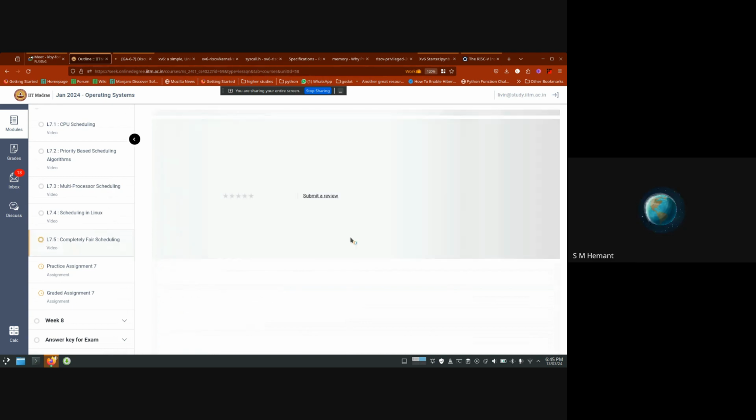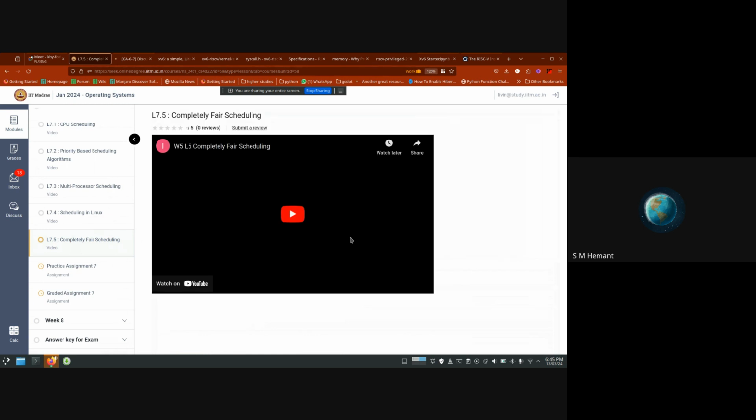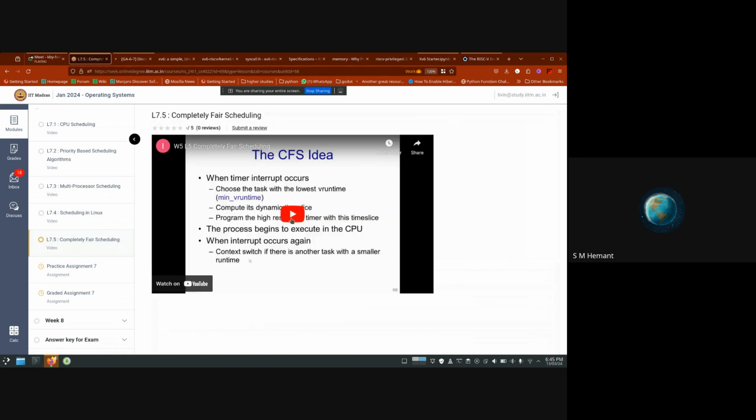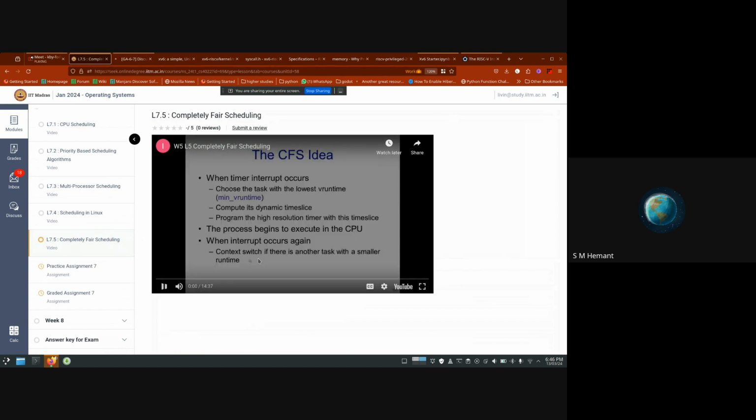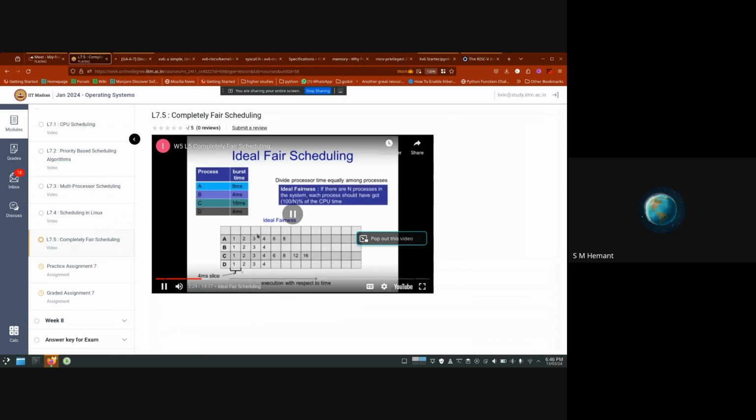Yes. Could you repeat the question? So my doubt is, for the CFS scheduler, why is it increasing the time slice for the IO bound process? Because the burst time, it means that IO bound process takes less time to execute. So why are we increasing the time slice?